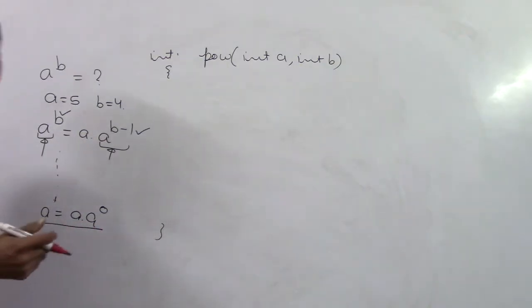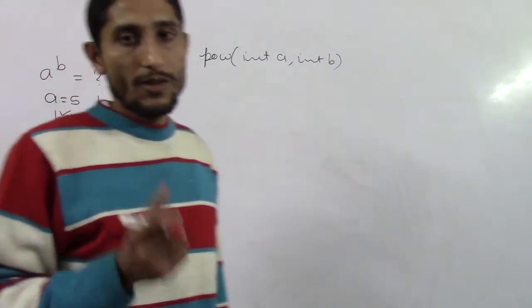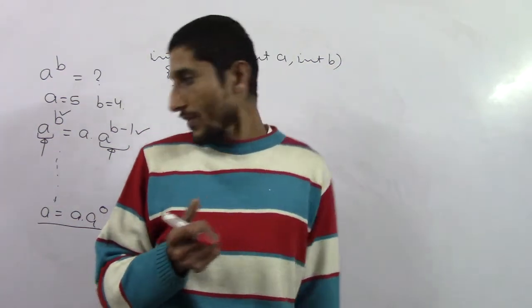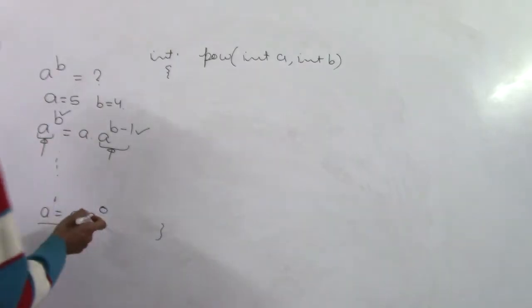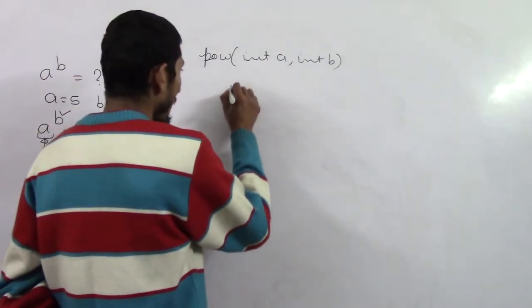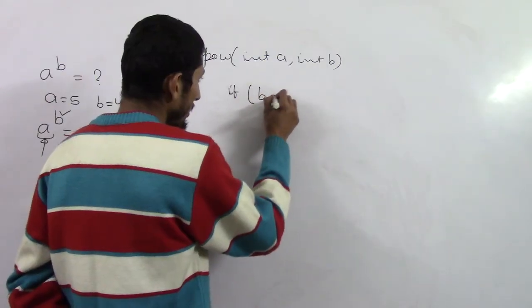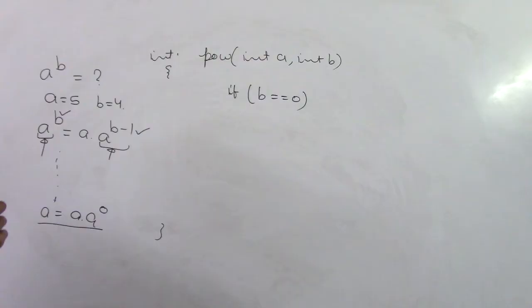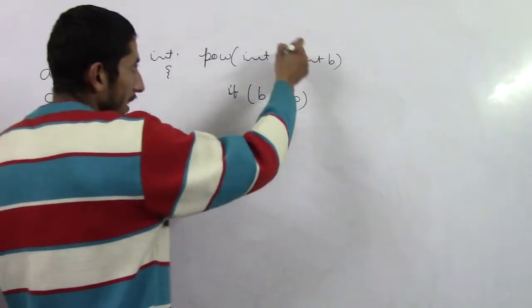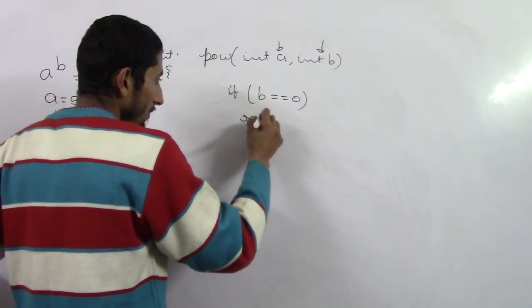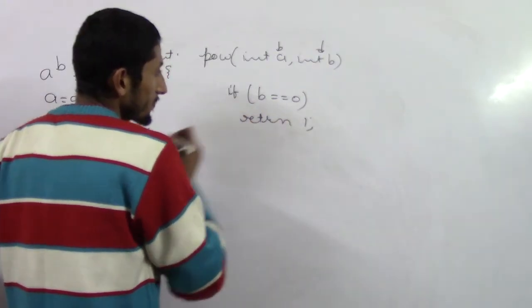And I know if a variable has power 0, our answer is 1. Are you following this? So what I can do is, if the value of B equals 0, I have an answer: return 1.